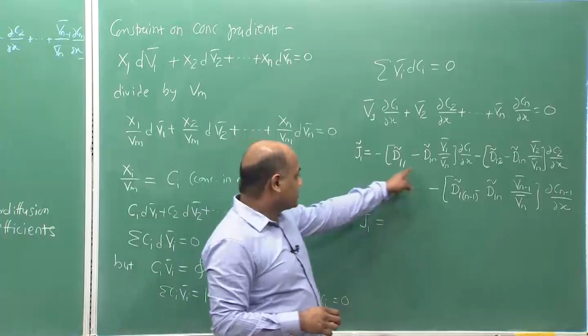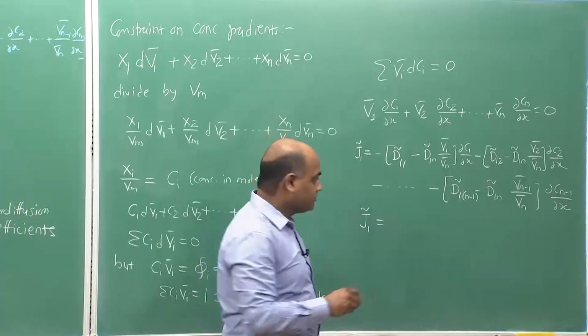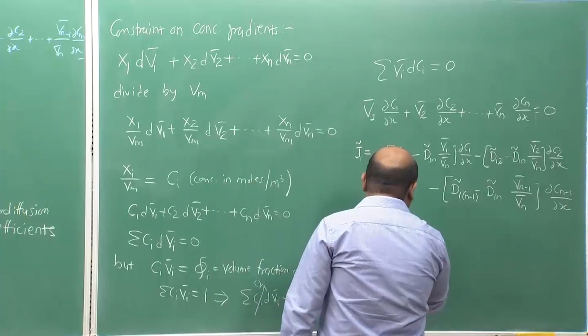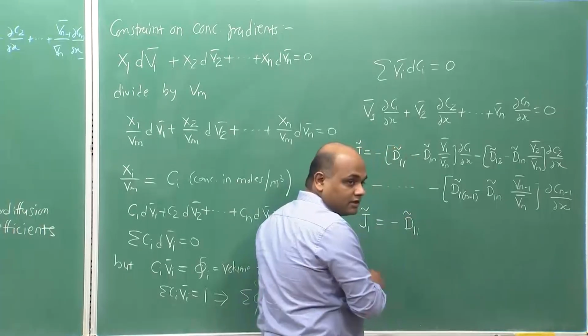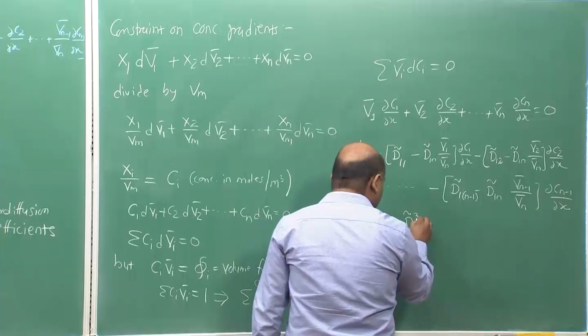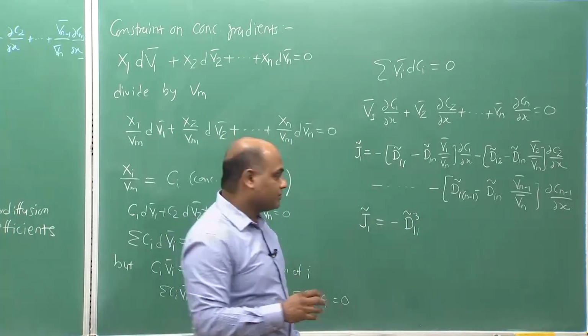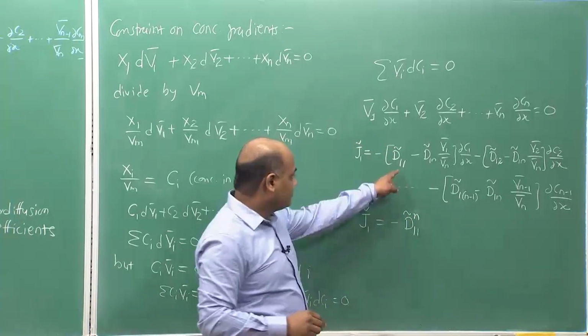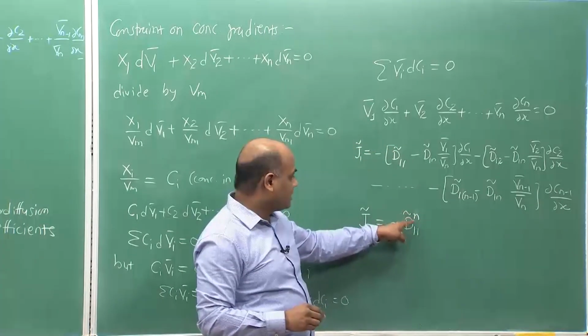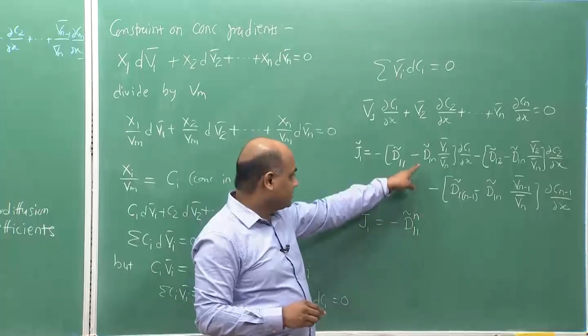So, each of these terms we can substitute with one term, which we denote as d tilde 11 superscript n. Each of these terms we denote as d tilde 11 superscript n in this particular case.